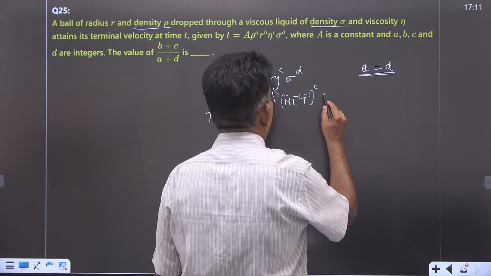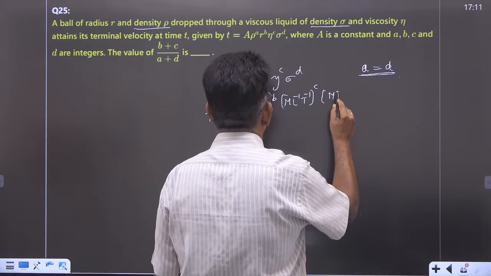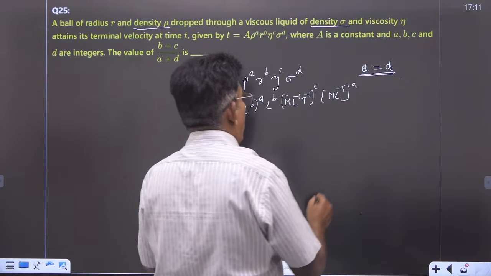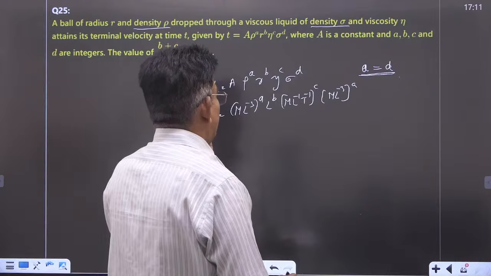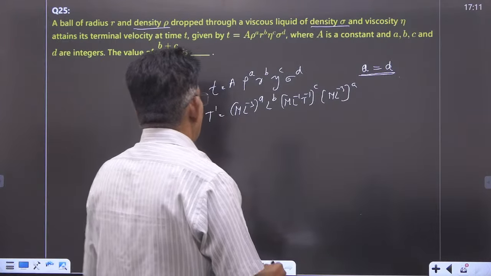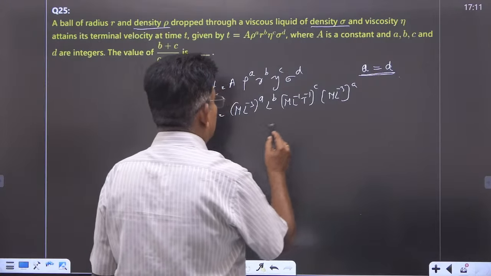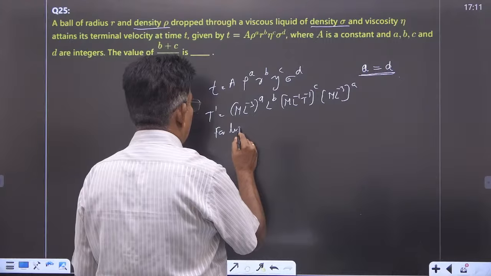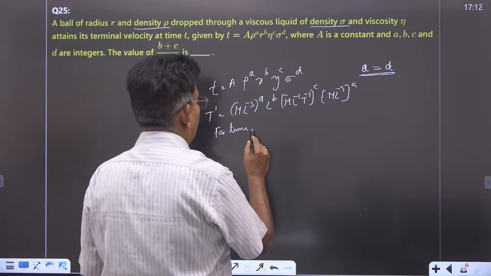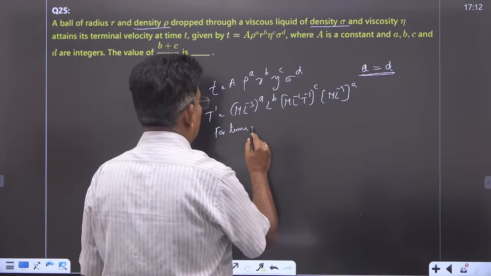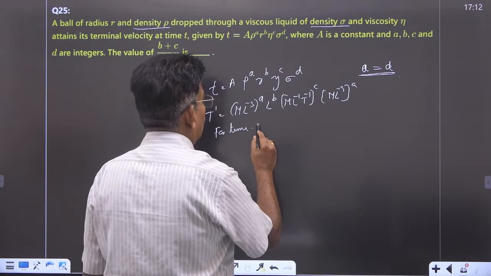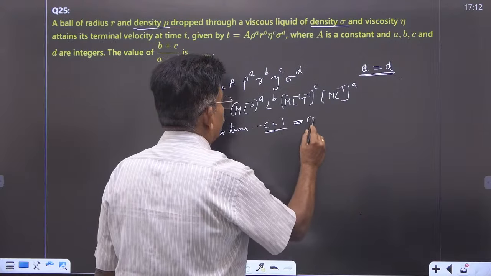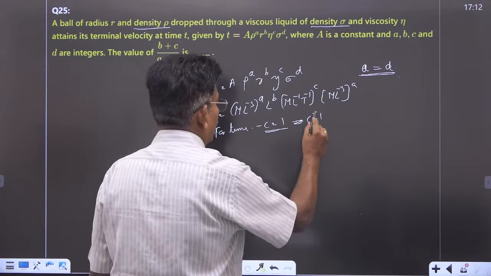A only, so I can write again M L minus 3 to the power of A. Both are same. Now equating first only one term containing time, I can get for time. For time, we'll be getting what? Minus C is equal to 1. C is equal to minus 1.